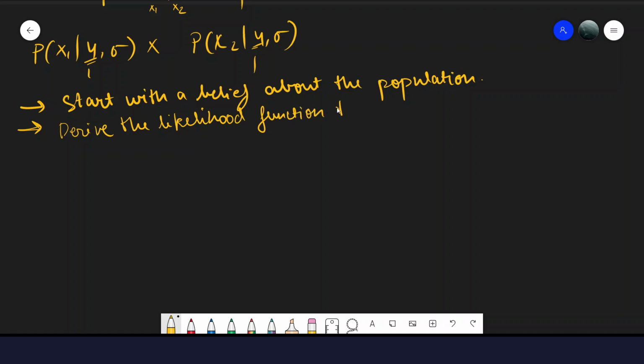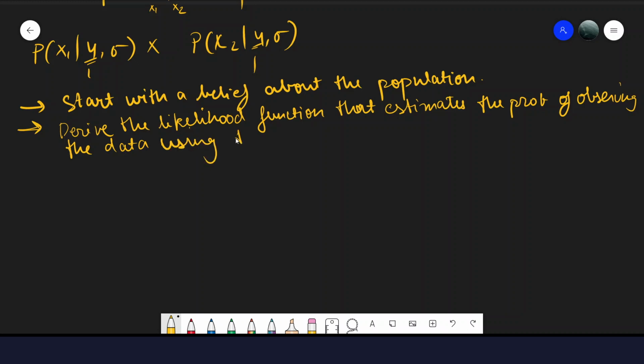Just stick with me here, I'll explain what this is. My belief in step one was that it follows a Gaussian distribution. So derive the likelihood function.